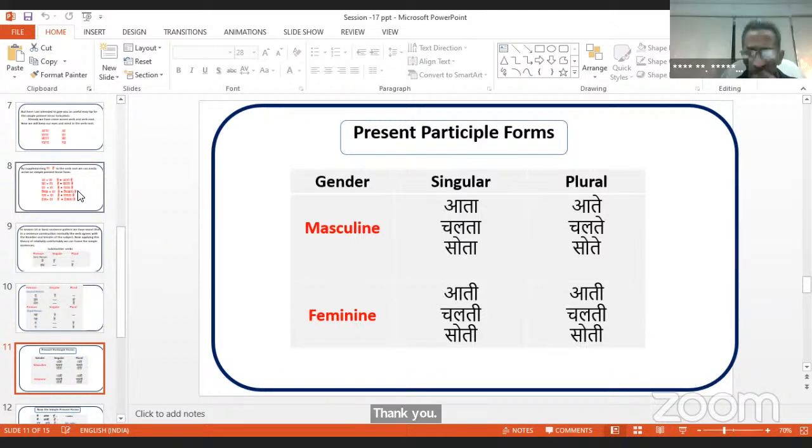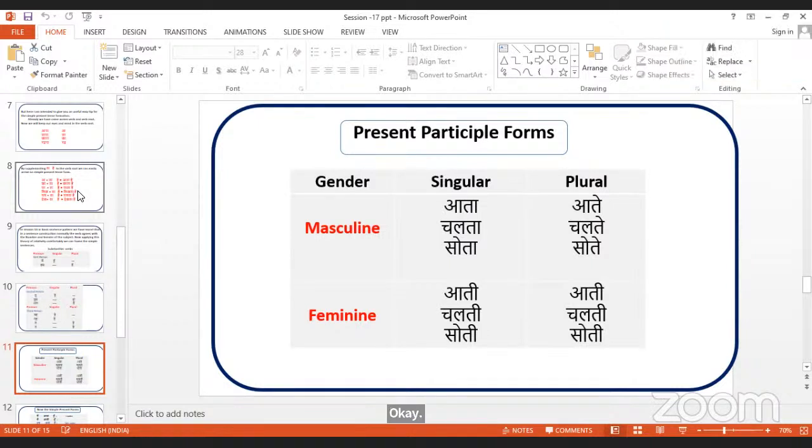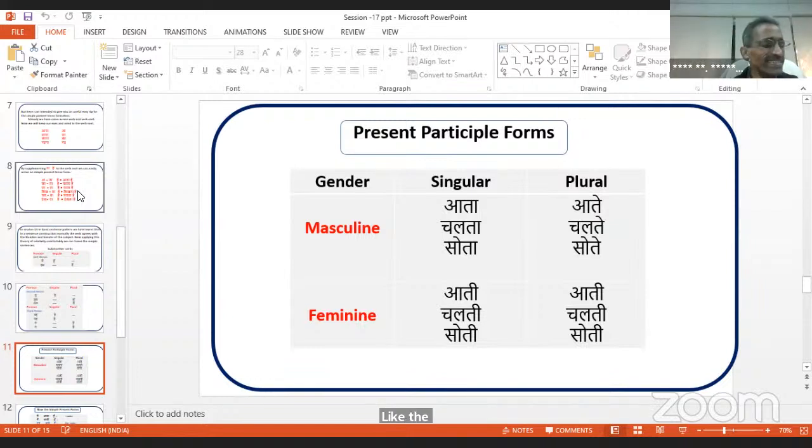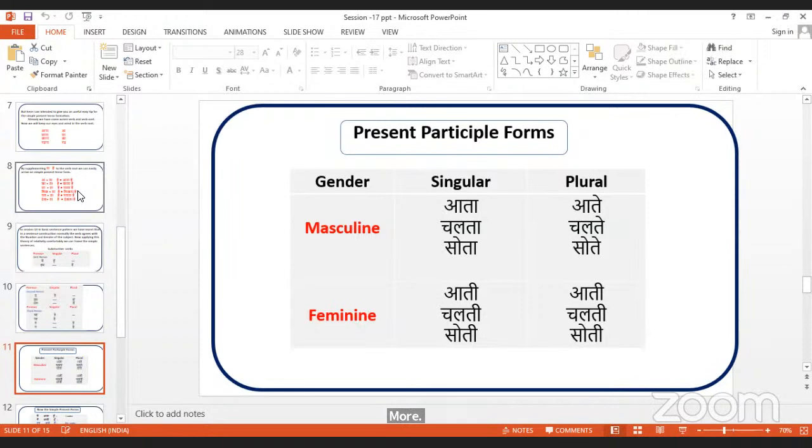Torta, torna means to break, torte, torti. Chapta, chapte. Chamakta, chamakte, chamakti.